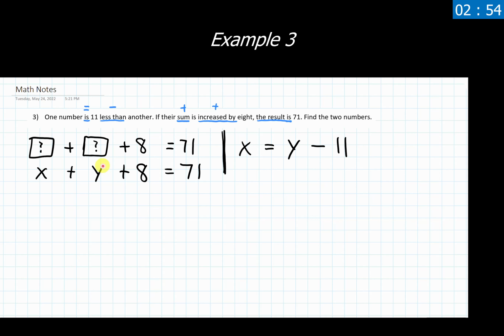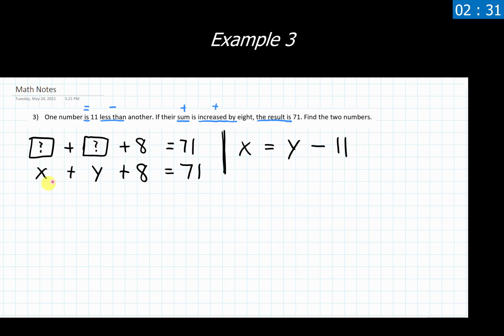I need to rewrite either this y or this x to be in terms of the other variable. Meaning I want all of these to be x's, or I want all of these to be y's. Over here, it's actually kind of nice. We have x in terms of y. We know x is the same as y minus 11.